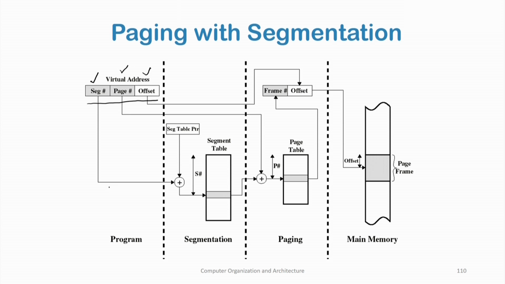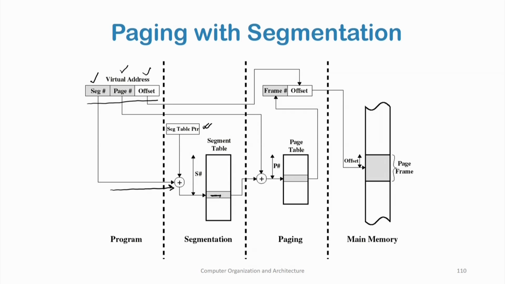I take the segment number, and from the segment table pointer, which tells me the start of my segment table in main memory, I index into this segment table using the segment number, and I get to the particular segment from which I need the data. So, if the segment indicates a module, I go to the appropriate segment, that module.